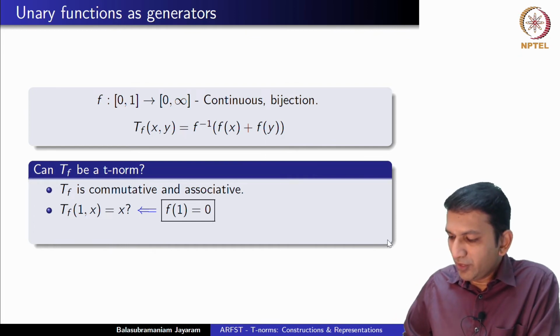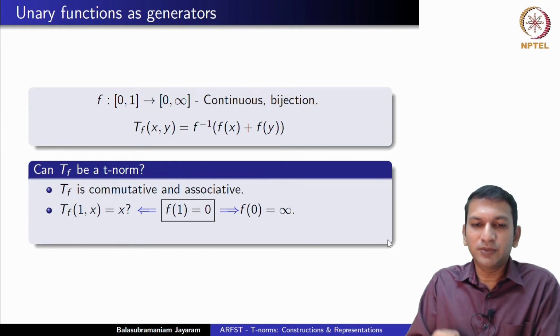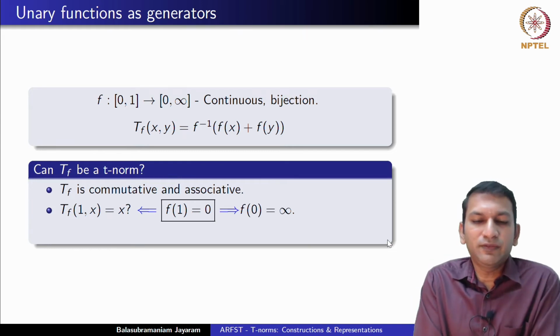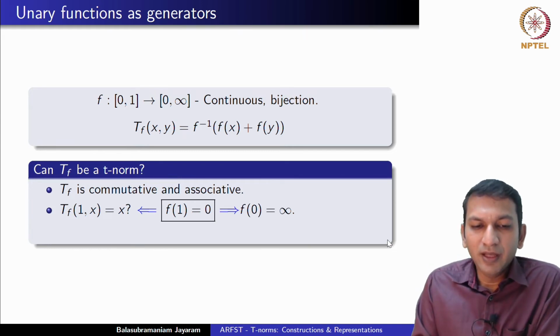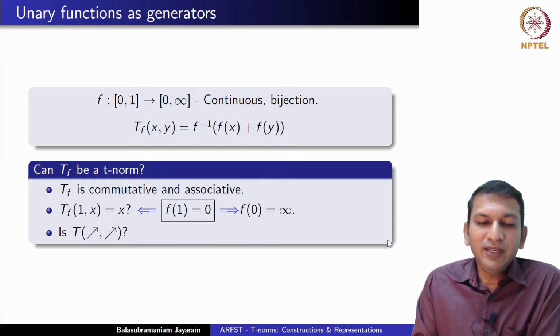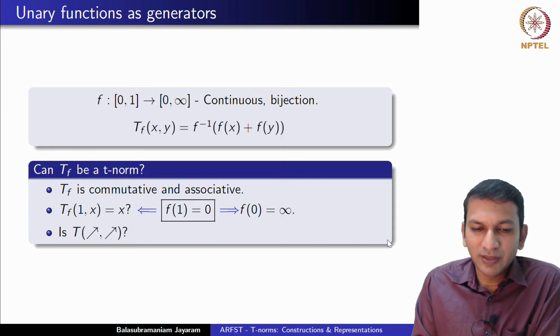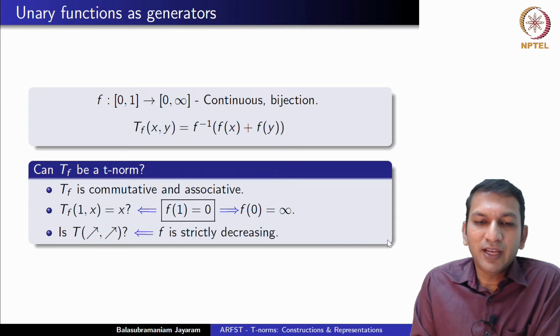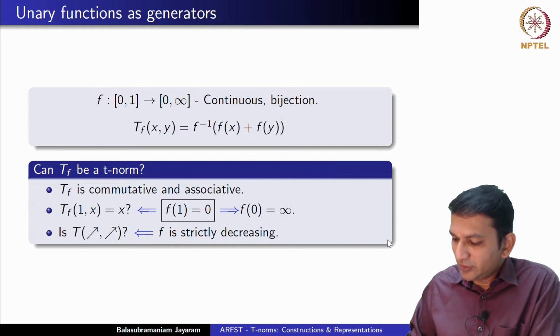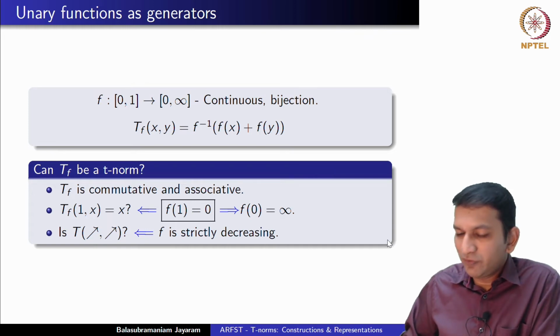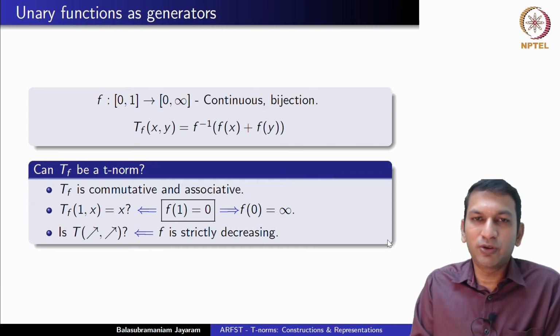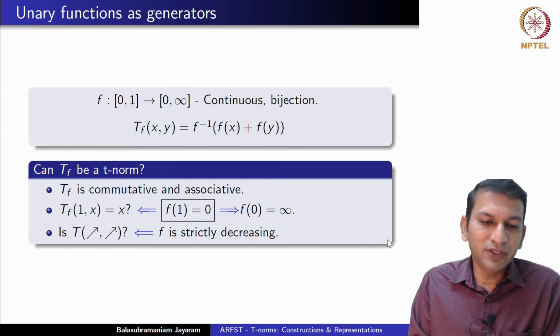We are making 1 go to 0 and we want it to be a bijection, which means 0 has to go to infinity. So this means f of 0 has to be infinity. The only thing that is left is it should be monotonic. When can we make tf monotonic? It is clear that f has to be strictly decreasing, because 1 goes to 0 and 0 goes to infinity. That means with respect to the usual order on [0,1], it's a decreasing function.